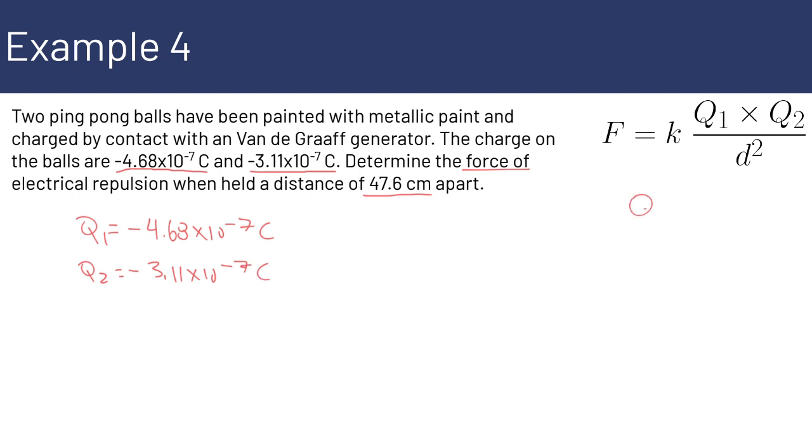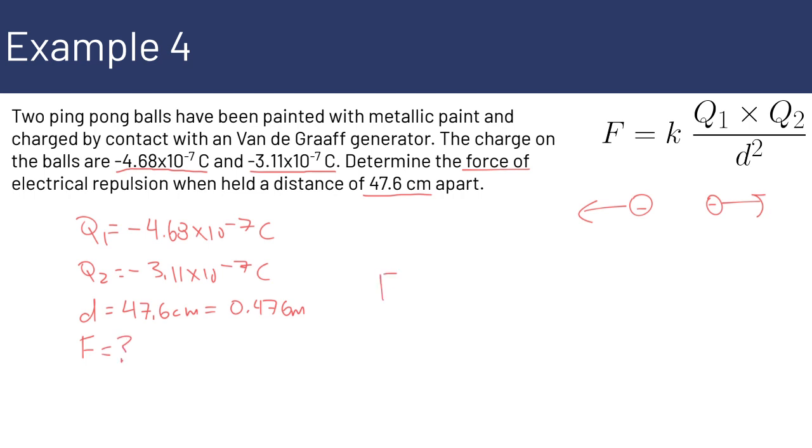So if we had ping pong ball 1 and ping pong ball 2, the force vectors would be pointing away from each other. Then the distance is equal to 47.6 centimeters. We want this in meters, so we divide by 100, moving the decimal place over 2 to the left, so we have 0.476 meters. And then our force is what we're looking for.